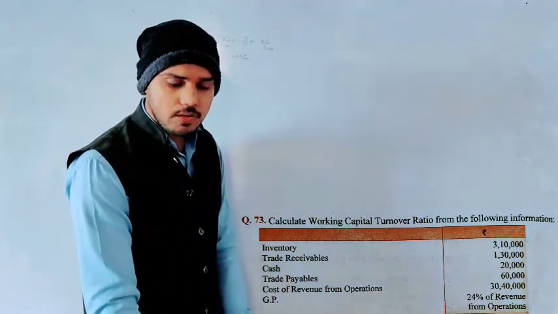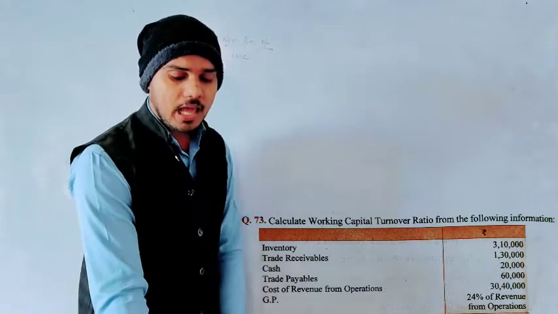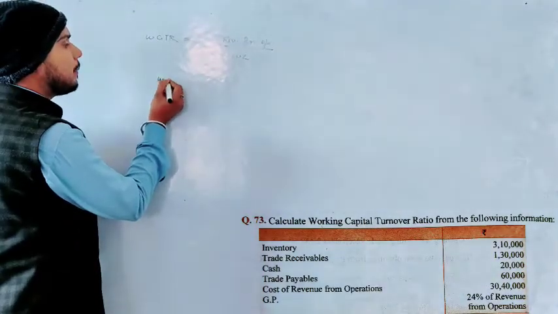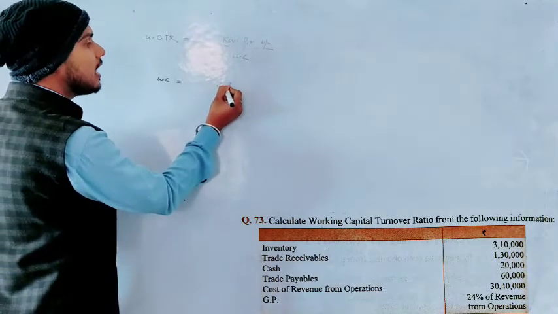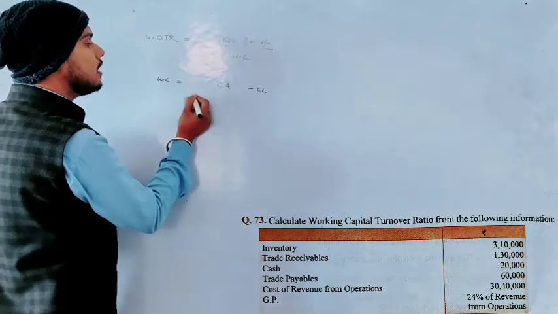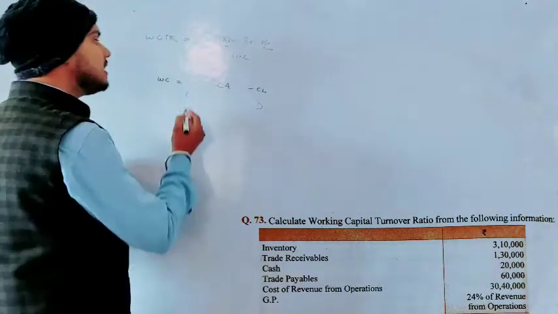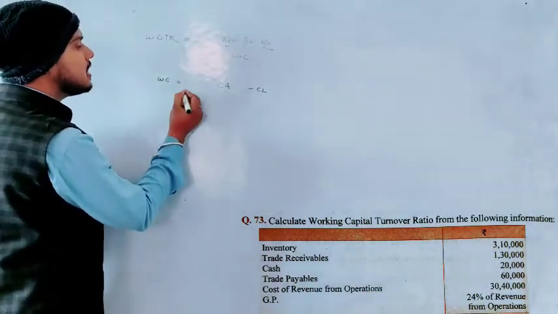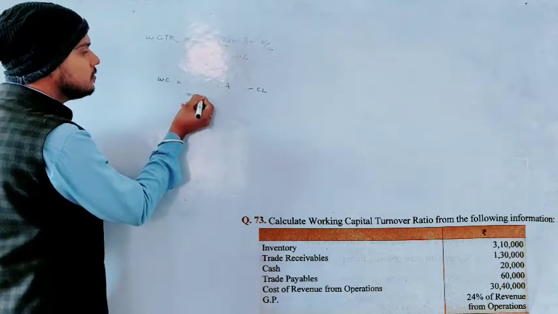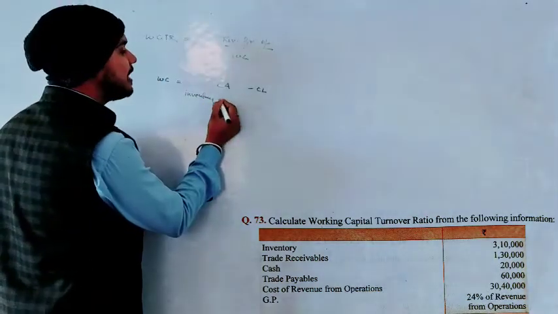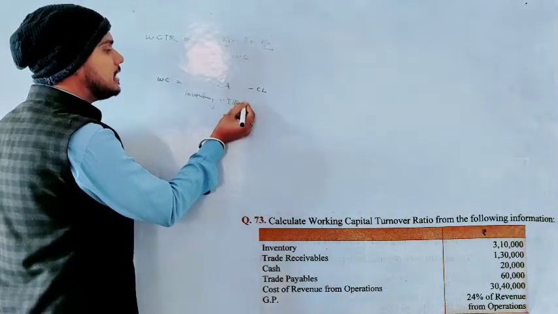Now if you see, we have a few pieces of information given. We first need to find working capital, and for that we need current asset minus current liability. In this question, some current assets are given. The first one is inventory. Next we have trade receivable, which is also your current asset.